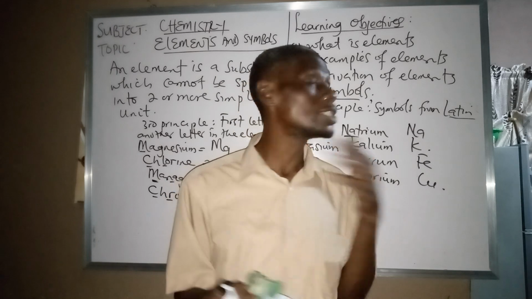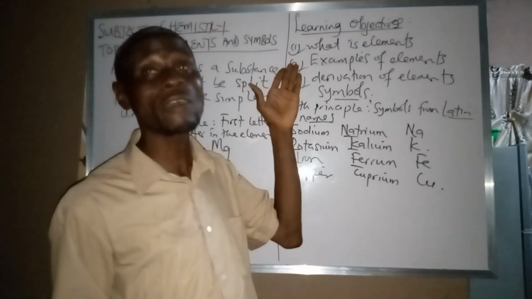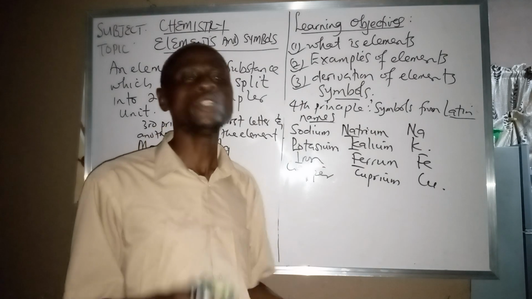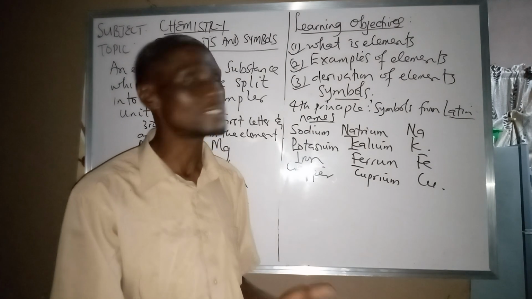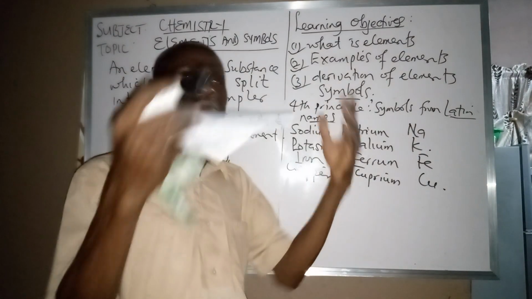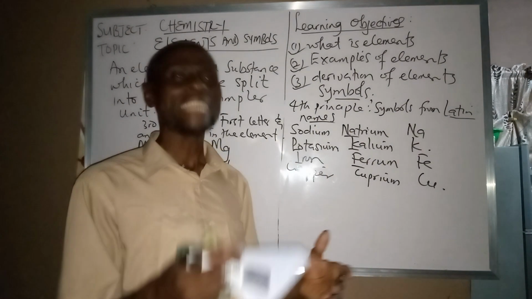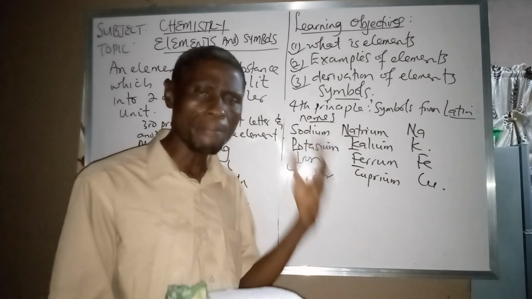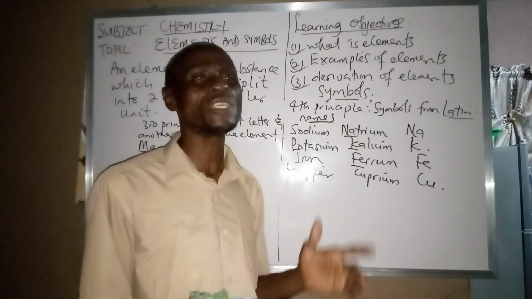So we are able to achieve our three learning objectives. We have defined an element as a substance which cannot be split into two or more simpler units. We then have examples of elements: hydrogen, oxygen that we breathe in, nitrogen, and the rest. How do we derive the symbol of an element? You've seen the method, following four principles.